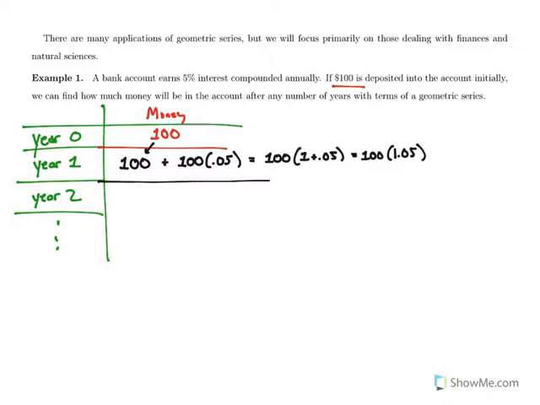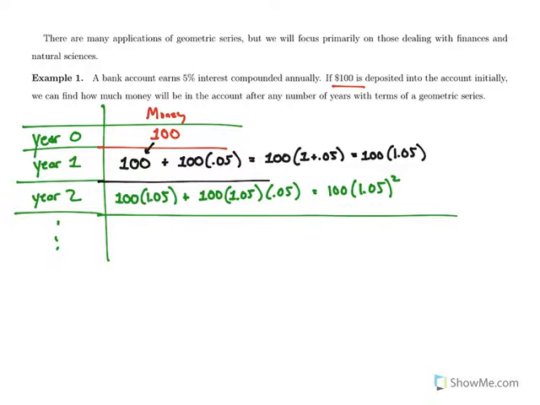In year 2, we're going to have that much money in the account, and we are going to add whatever is in the account times 0.05. Another way of writing this is 100 times 1.05 squared.